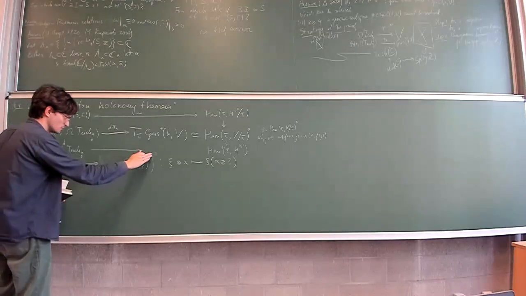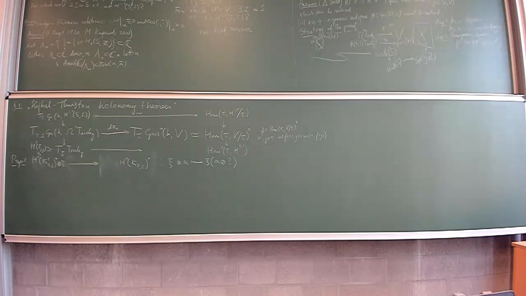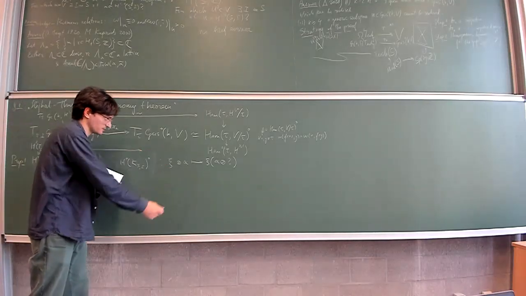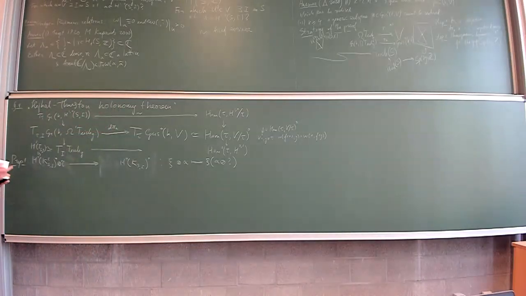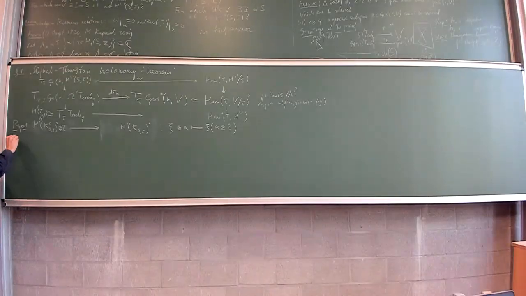Out of a linear function on quadratic differentials and a one form, one can make only one function on one form. And from here we deduce the second part of the case k equals 1.